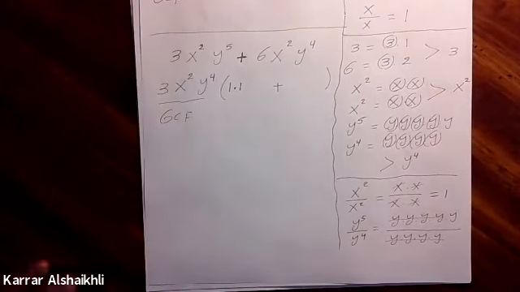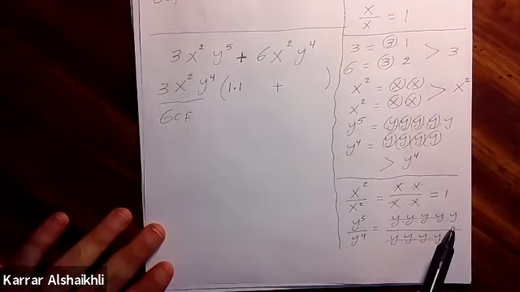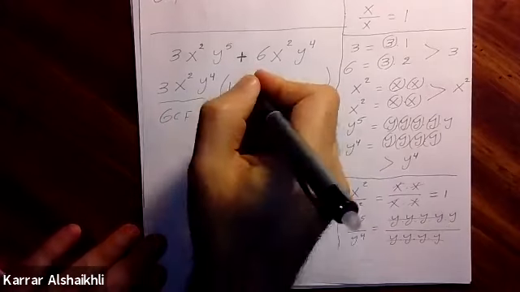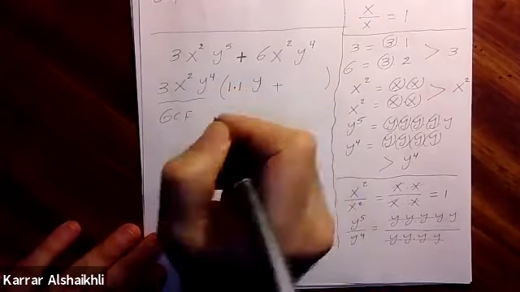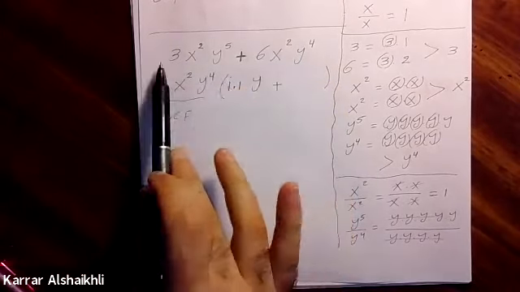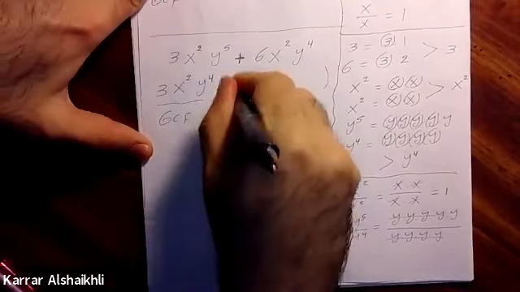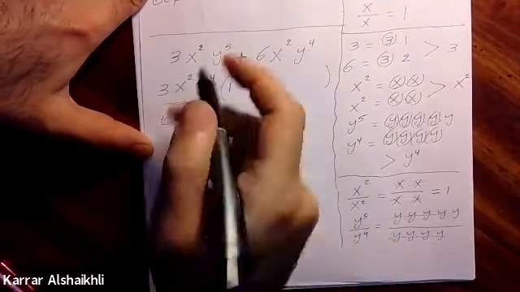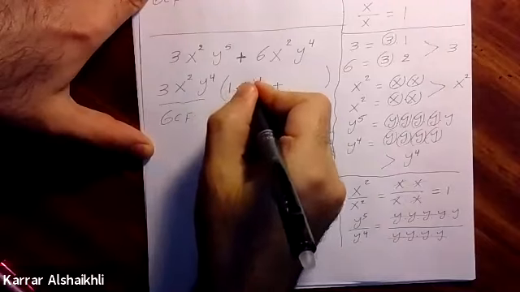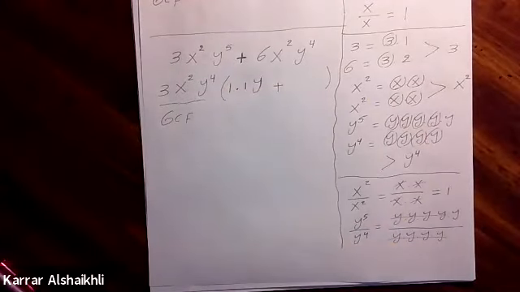What's the leftover? You see the leftover y by itself? Here's the y. So I'm done with the first part. It's going to be 1 times 1 and y. Now let's go to the second one.